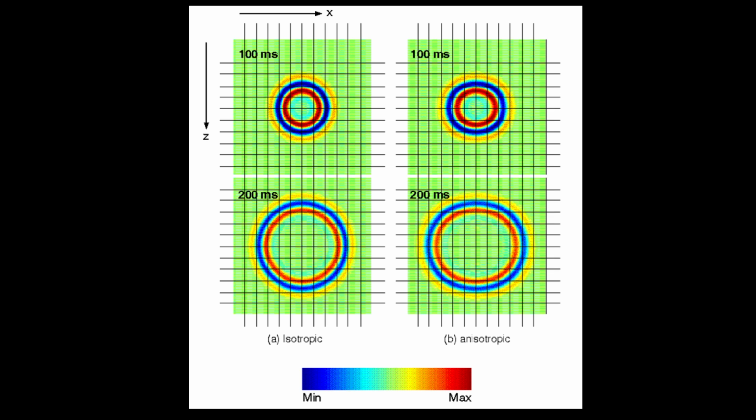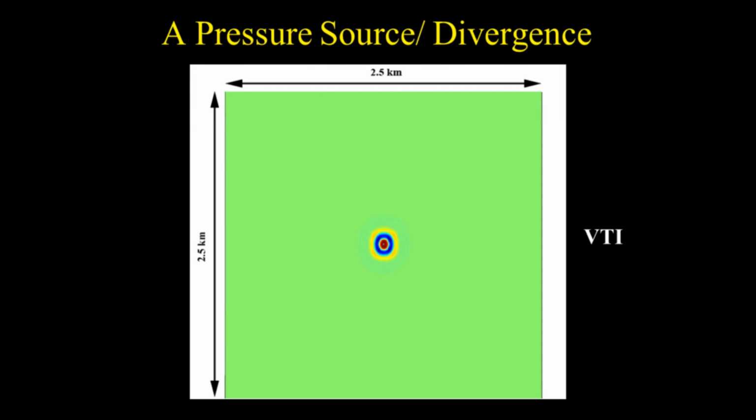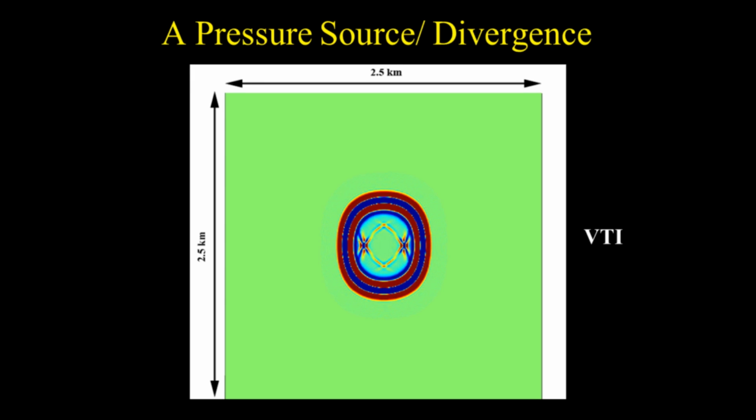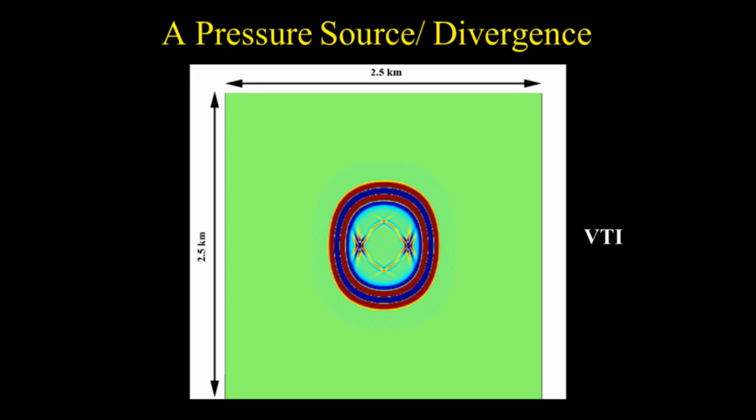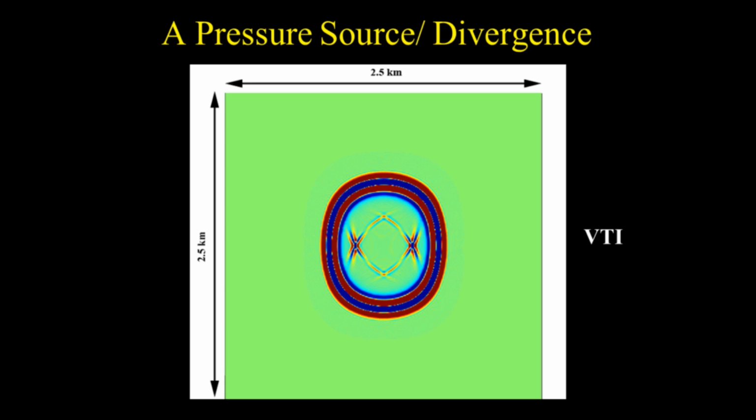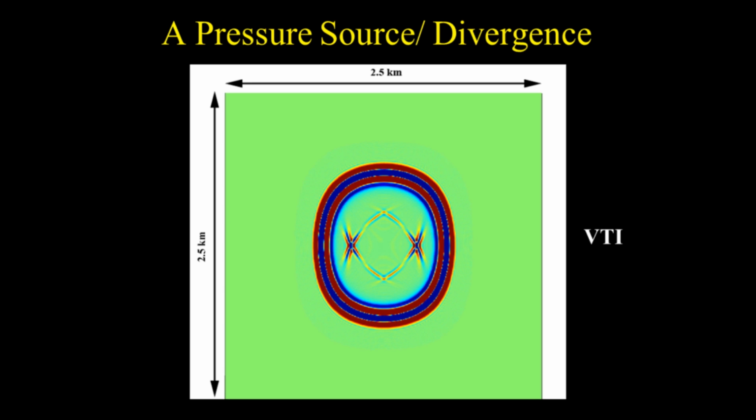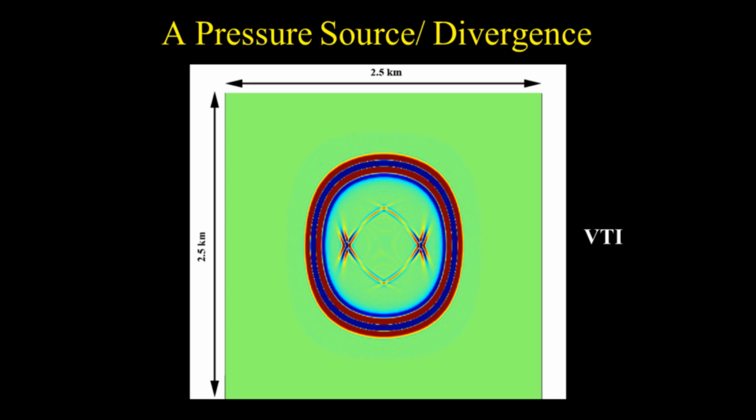That is, its properties cause wave propagation to vary with direction. Let's watch this animation of a pressure source. The quantity displayed here is divergence. This animation may help you crystallize the notion of anisotropy.